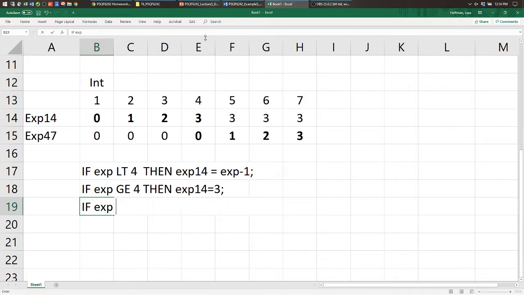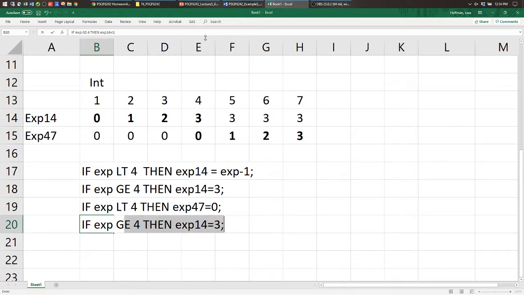If experience is less than 4, then experience 4 to 7 is what? 0.